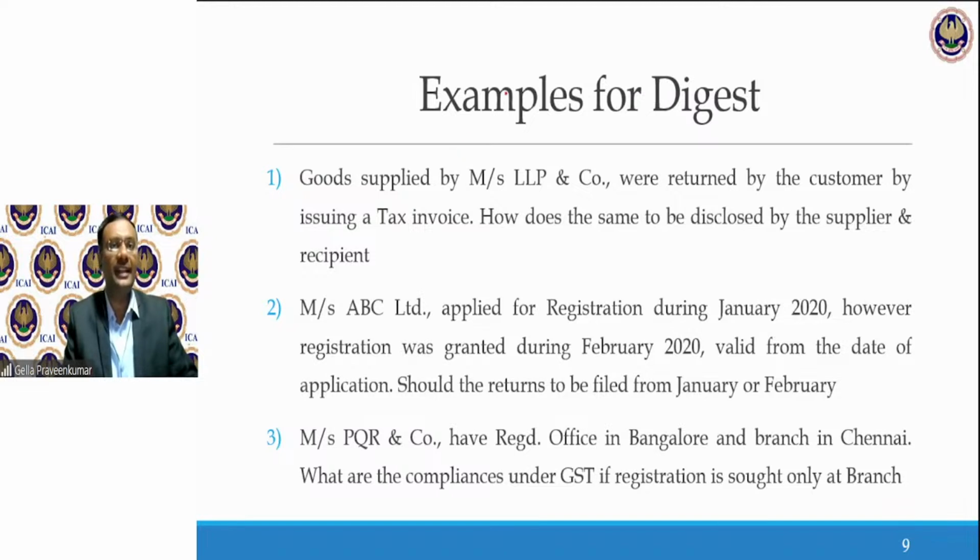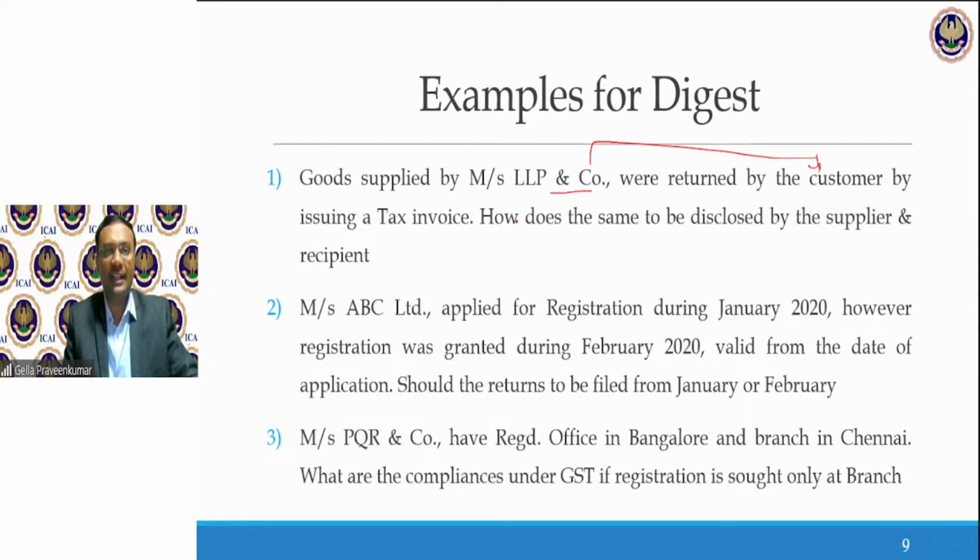Now, some examples before we get into the actual returns. Goods supplied by M/s LLP and Co. were returned by the customer by issuing a tax invoice. How is this to be disclosed by the supplier and recipient? LLP sold the goods to their customer. These goods supplied by LLP were returned by the customer by issuing a tax invoice.